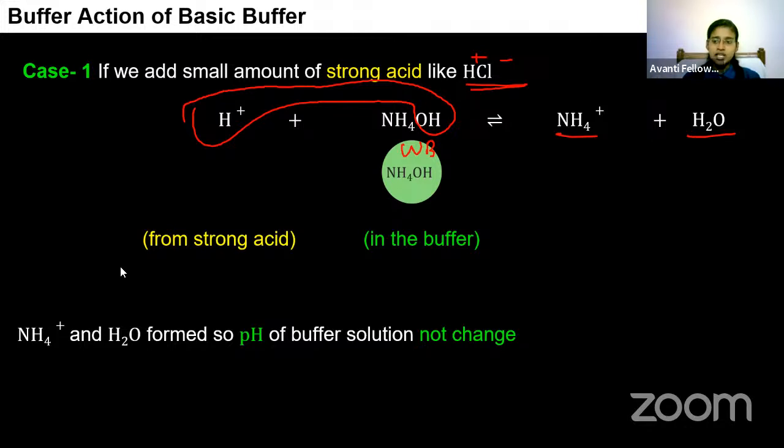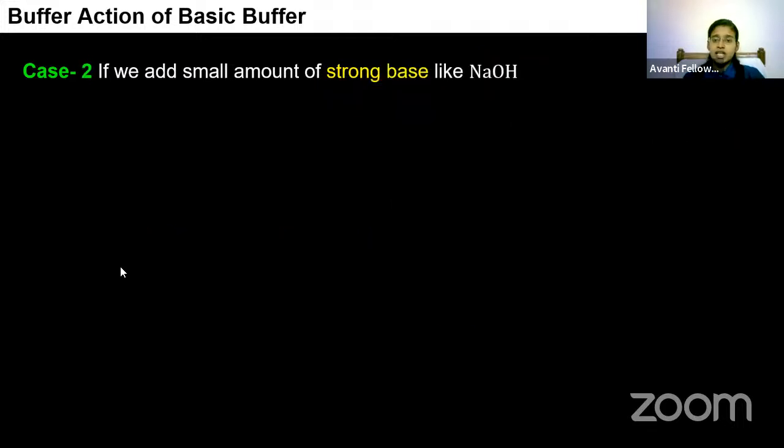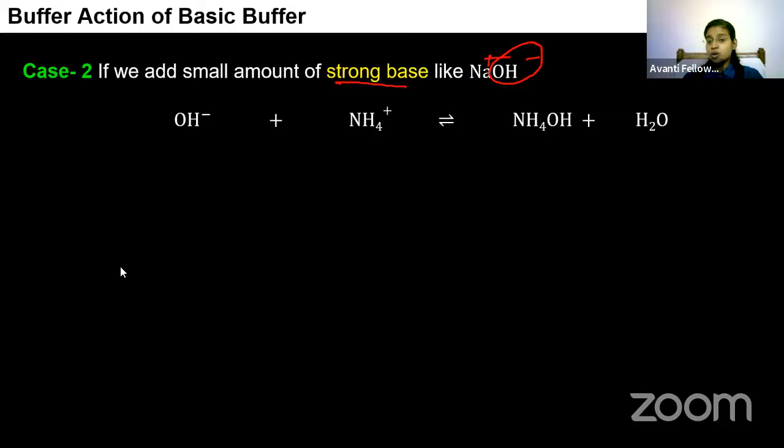In the same way, if I add some amount of base, if I am adding a strong base like NaOH, the pH is not going to get affected. Why is it not going to get affected? The OH minus which is present in the strong base which I am adding will react with the ammonium ion and they produce ammonium hydroxide and water.